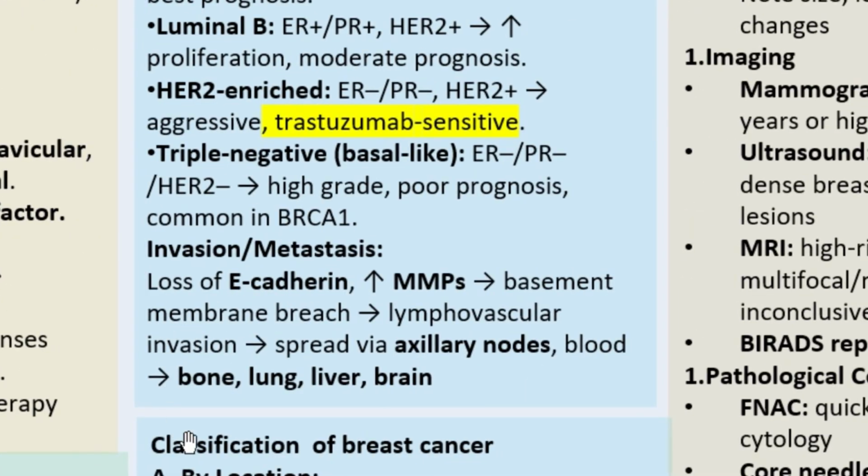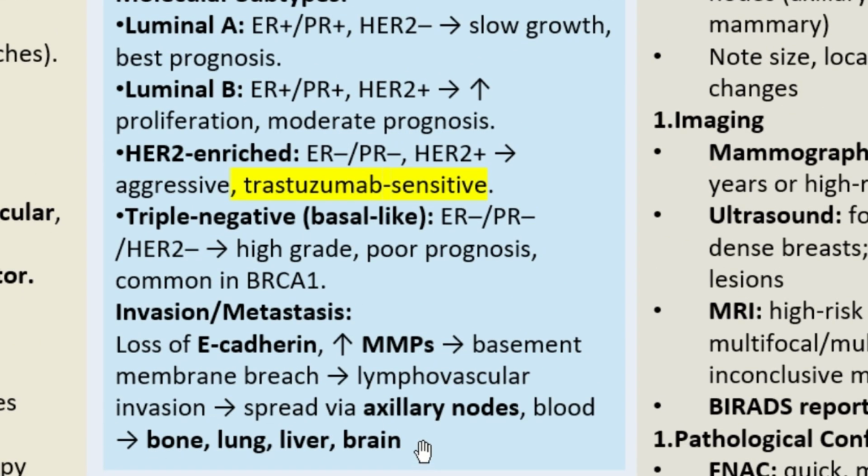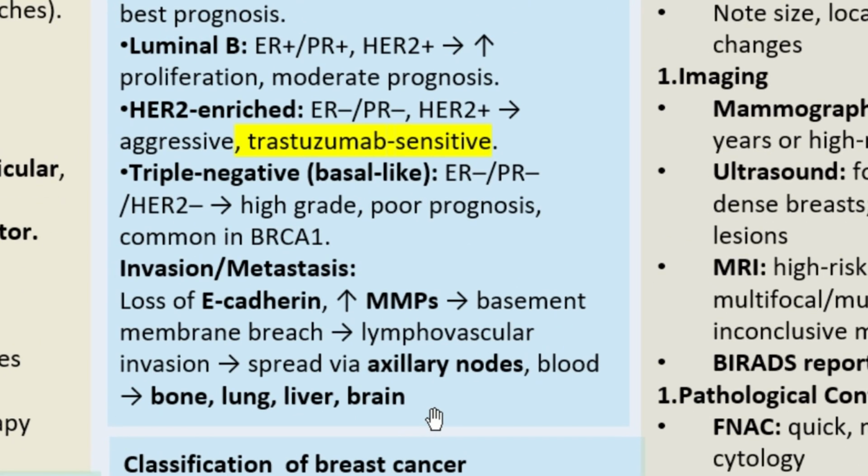So we have the invasion and metastasis of breast cancer. What happens is that during the development of breast cancer, we have loss of E-cadherin. Now, E-cadherin is a kind of molecule that helps to hold the cells together. So the tumor cells, or the cells that have been affected by cancer, are going to lose their E-cadherin.